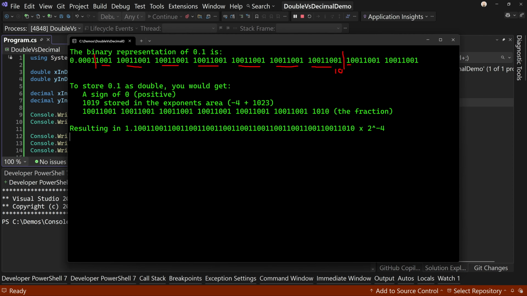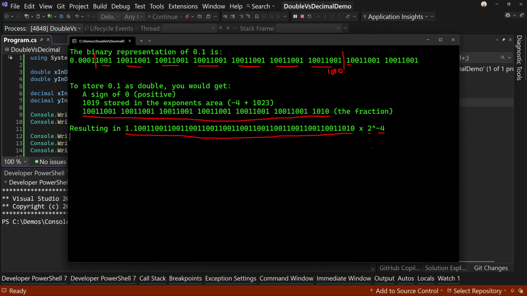So the last 4 digits are 1010 instead of 1001 because of the round. So that's this right here. This whole thing is the fraction. That results in this number, 1.1, I'm not going to read the whole thing, times 2, binary, to the power of -4, okay?